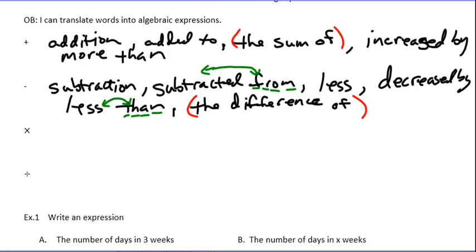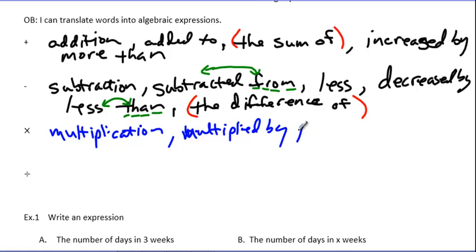Moving on to the next one. I'm going to change color just so that we can get separation for our eyes here. So we have multiplication. We could say multiplied by. Times.